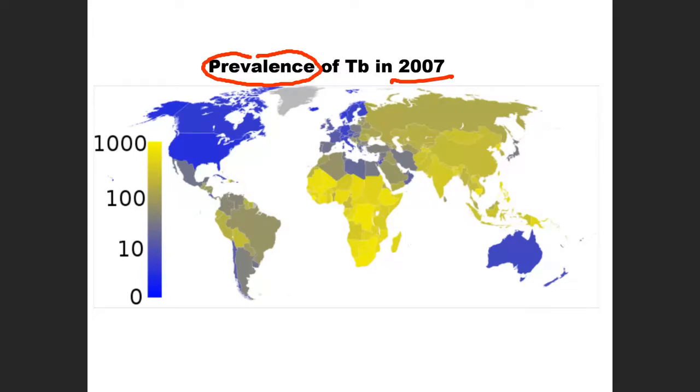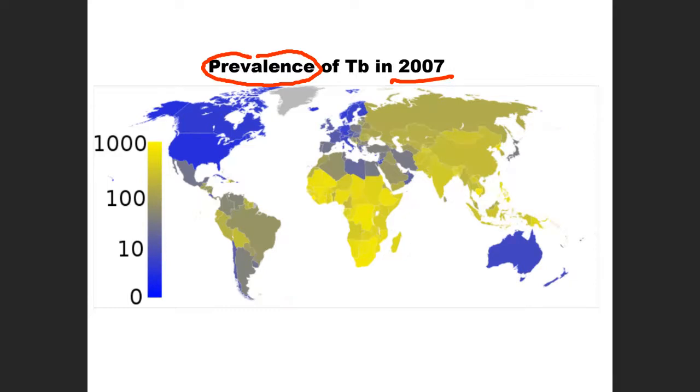And from the map, what you can see is that the countries that are in the yellowish colors and the brighter yellow colors, those are countries where the prevalence rates of TB are much higher than normal. And the countries that are in blue have pretty much zero prevalence, zero cases of TB. One of the reasons why a lot of these countries that are in yellow have such a high incidence rate is, one, that people that live in those countries tend to live in very close quarters, and when you live in close quarters with people that are infected, it increases the chances of the spread of the infection.